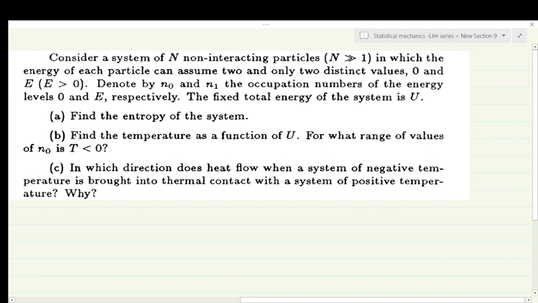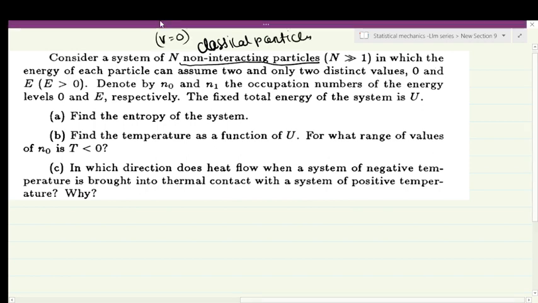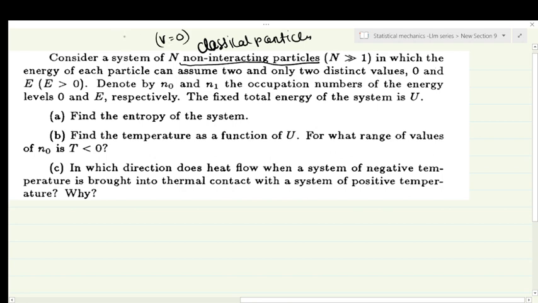Non-interacting means classical particles; their interaction is zero, that means the potential energy is zero. The distinct energies are 0 and E.